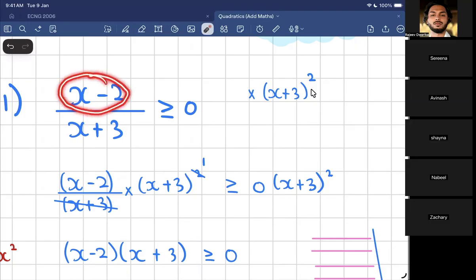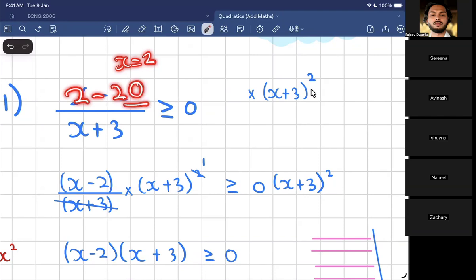The numerator is x minus 2. When x is equal to 2, you'd get 2 minus 2. 2 minus 2 is what? 0. 0 over anything is? 0. And so when x is equal to 2, you actually get 0.